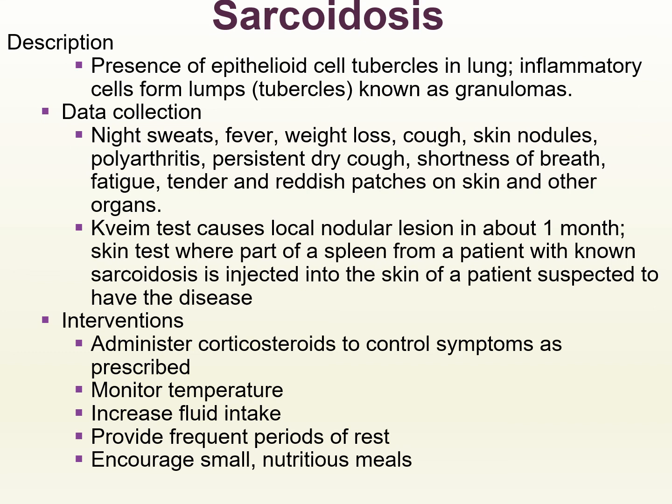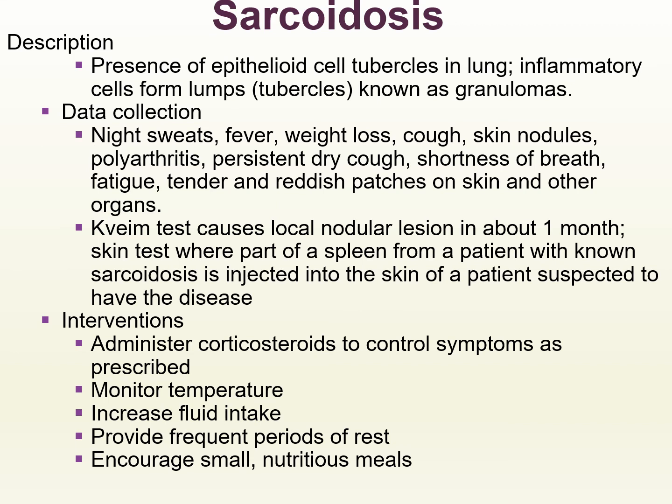Sarcoidosis is another issue we can find in patients. This can develop in the lungs and the lymph glands and also spread to other organs in the body. But we're going to talk about the effects on the lungs. So you have this in the lungs, these tubercles made from the epithelioid tissue, and these are basically inflammatory cells that start to form lumps, and they're known as granulomas.